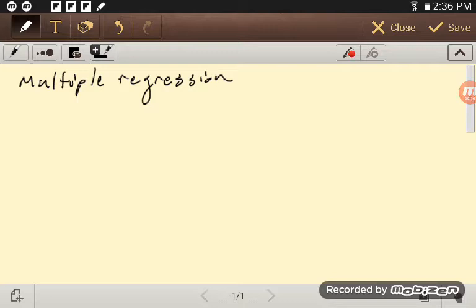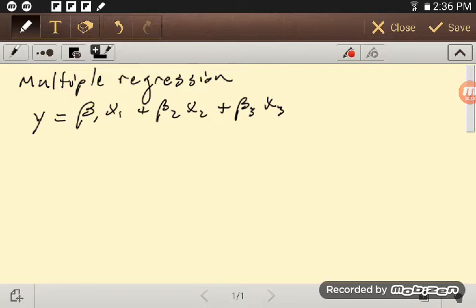Multiple regression, the idea there is simply that instead of trying to fit y equals mx plus b, I'm going to try to fit something like, in a lot of things, you'll see something like beta 1 x1 plus beta 2 x2 plus beta 3 x3 plus, and these aren't data points x1, x2, these are variables x1, x2, x3, up to some m, beta m, xm, and then plus an intercept, so to speak.